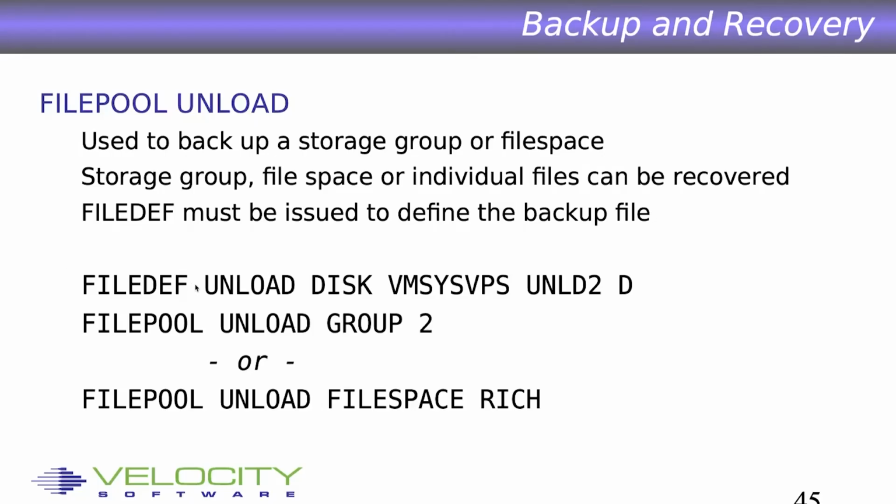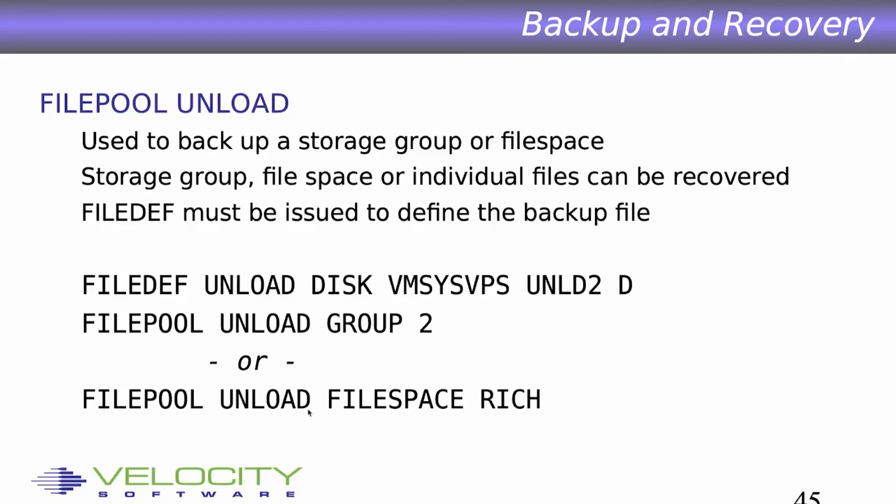So we're going to issue our file def, and in this case, it's called unload. It's pointing to disk, and this is the file name that we're going to unload our storage group or our file space to. And we issue command file pool unload group 2, and this will unload or back up the storage group, in this case group 2, to this file.